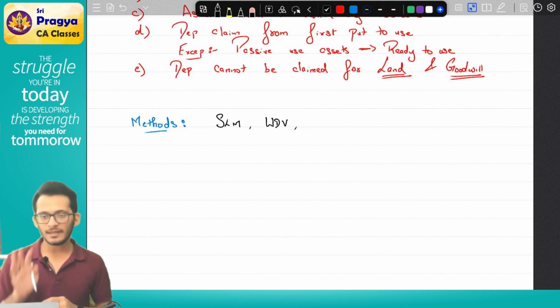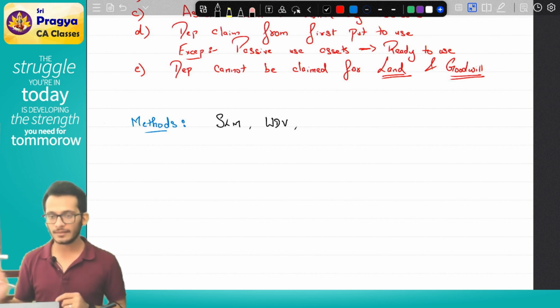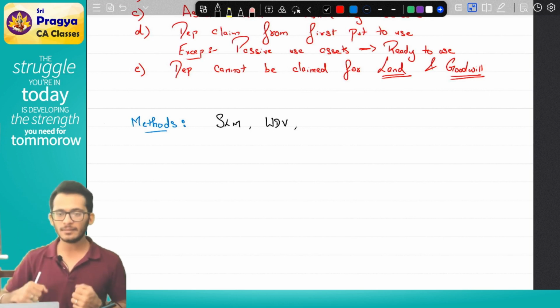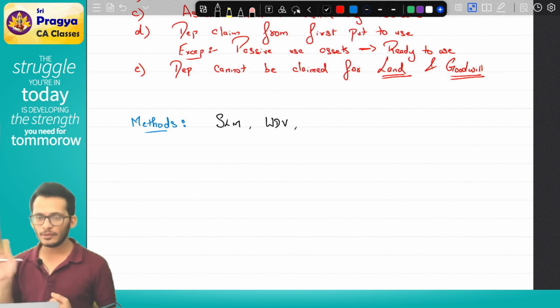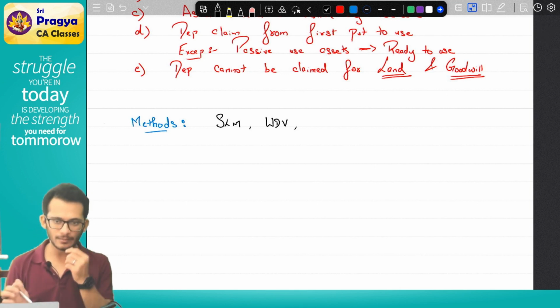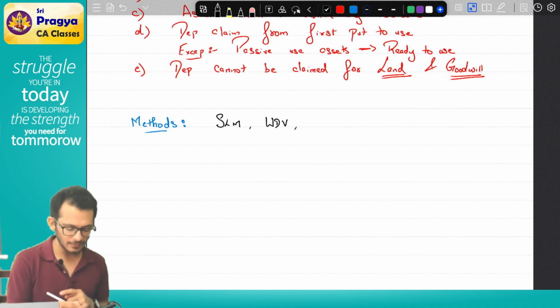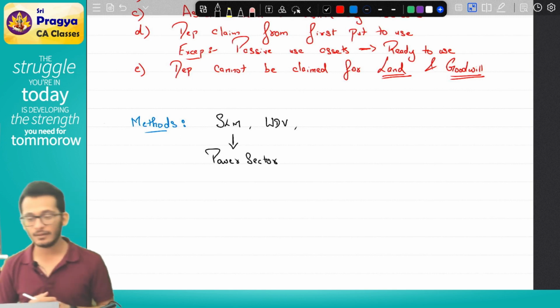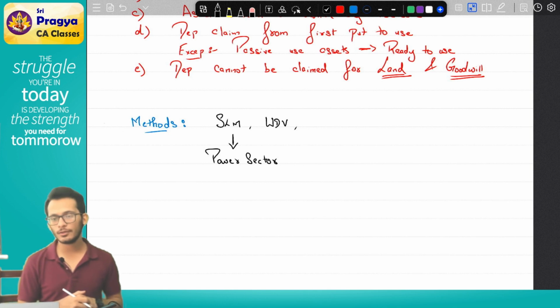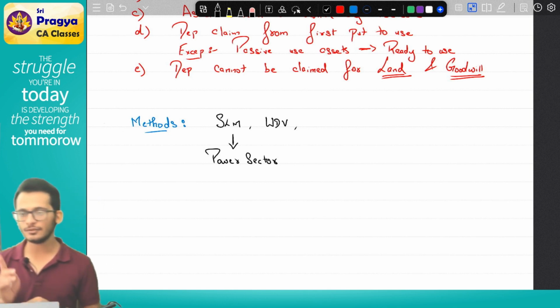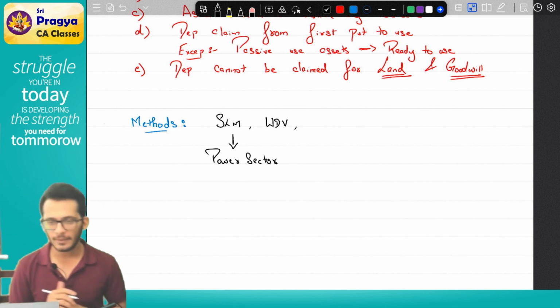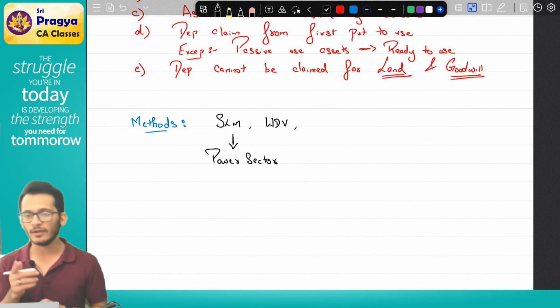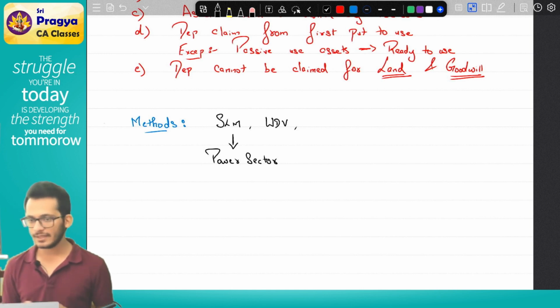Yes, income tax comes and says both methods are there. Even income tax permits SLM and WDV, with the condition that SLM is only permitted for the power sector. Income tax comes and says if you want to claim depreciation on SLM basis, you should be a power sector company, which means you should be in the business of generating electricity.